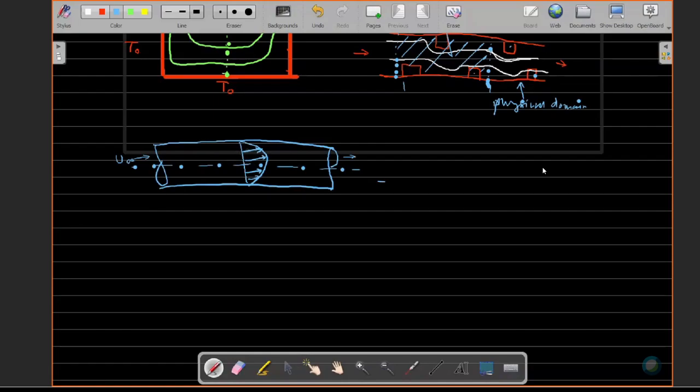With the help of this profile, take the velocity at this y location or radial location. Suppose this is the r direction, then you say radial location, and if this is x, then you say axial location. So in the radial direction, from this point to this point, what is the variation of velocity? At this point the velocity value is 0, and it is increasing, increasing, increasing.